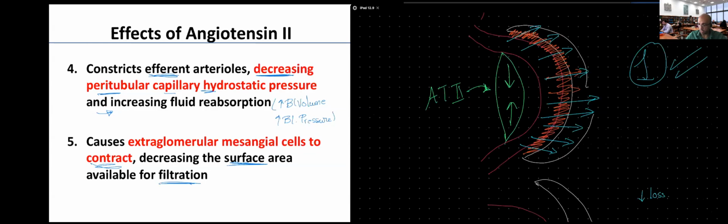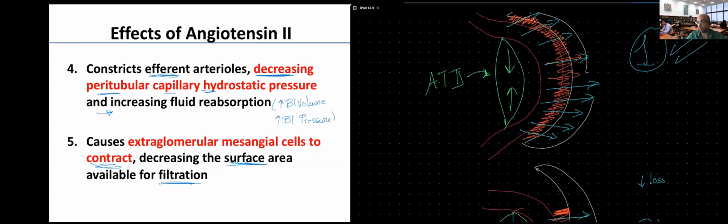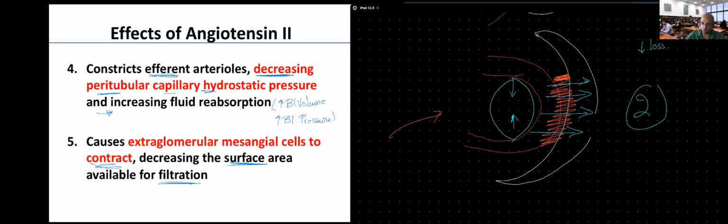Another mechanism of action for angiotensin II is to stimulate the extraglomerular mesangial cells to contract, and as I contract them, this will reduce the surface area available for filtration. As less water gets lost in the filtrate, this water is going to be retained in my blood vessels, increasing my blood volume, and so my blood pressure.